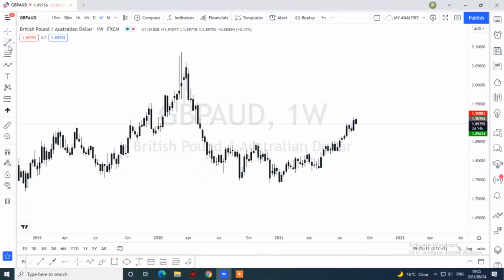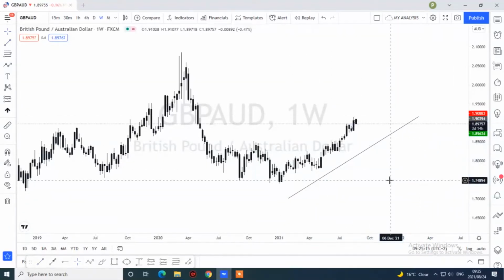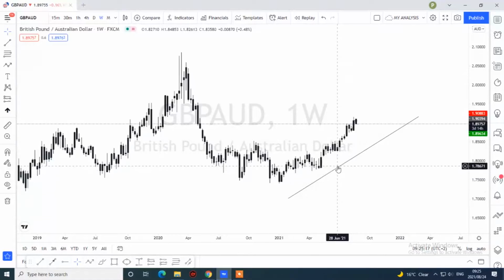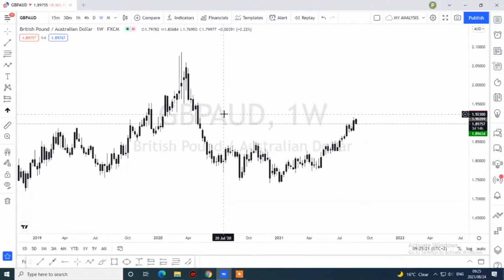So if you guys can check here, this is an uptrend. But on a high time frame like weekly, we don't really look at only the buy opportunities.